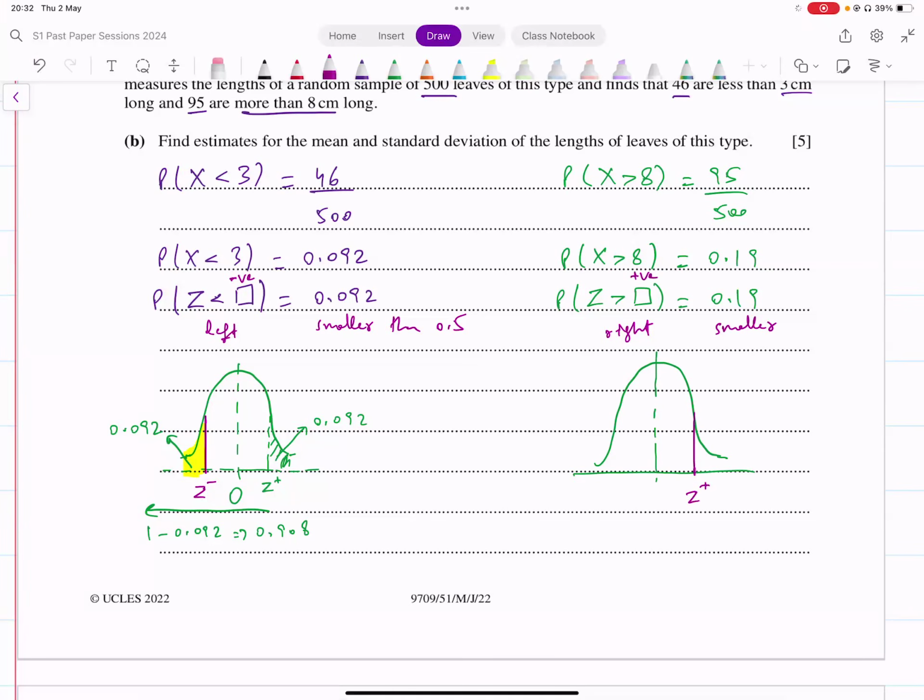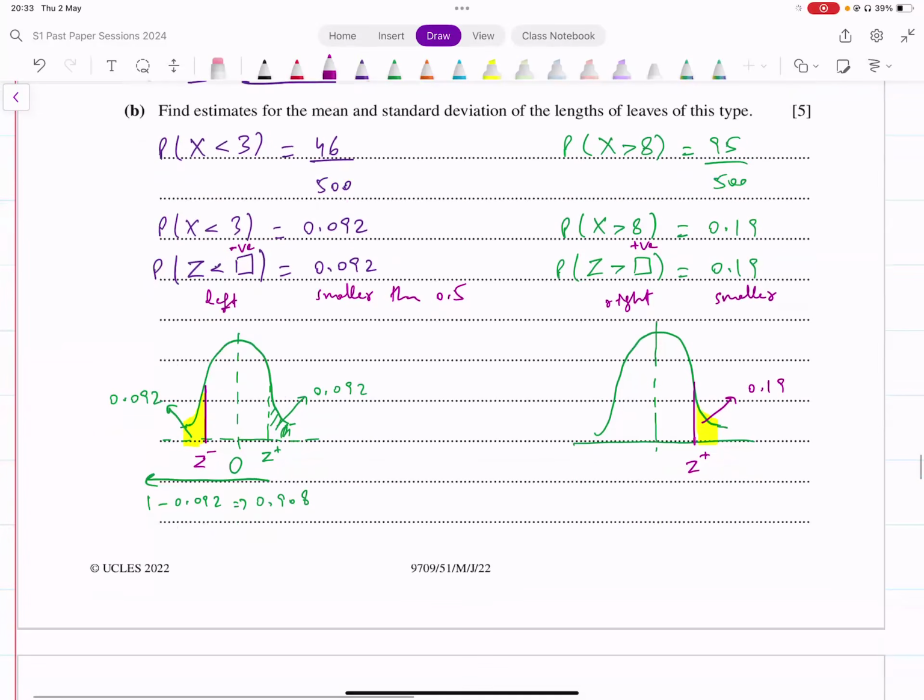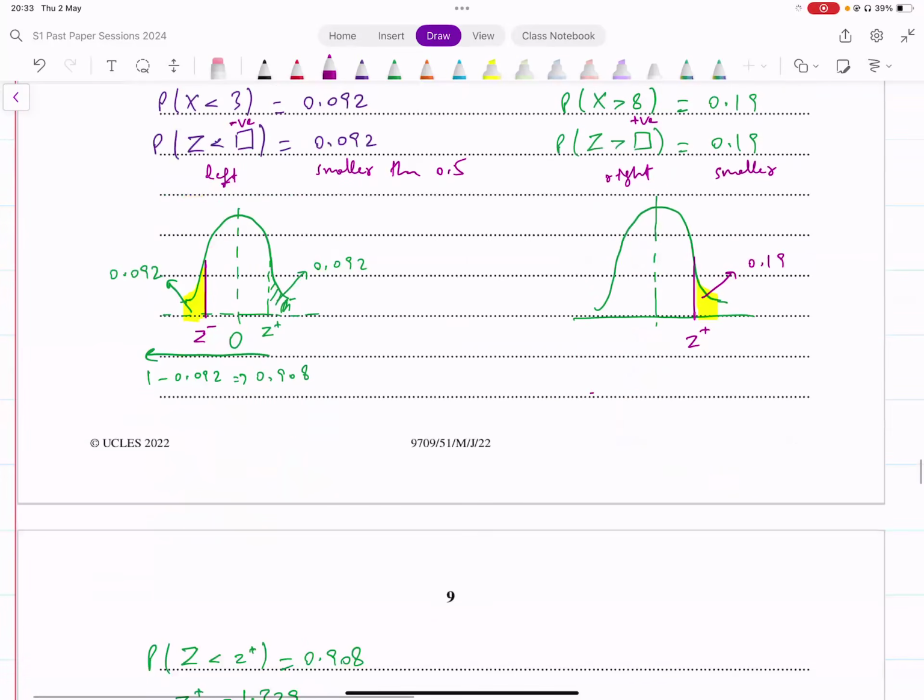And we're given that the area to the right of Z, that's this area, is 0.19. Now this is not standard form as well. If the area to the right of Z is 0.19, what about the area to the left of the Z value? We can say probability of Z less than this positive value of Z is 1 minus 0.19.